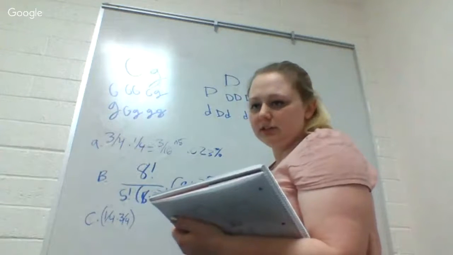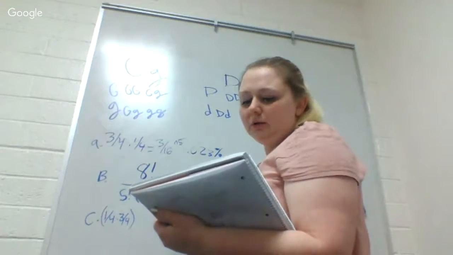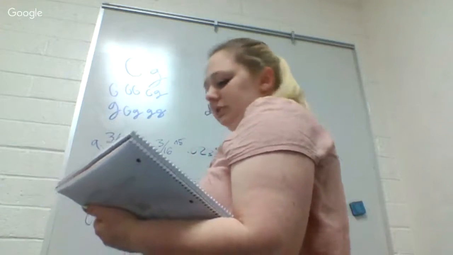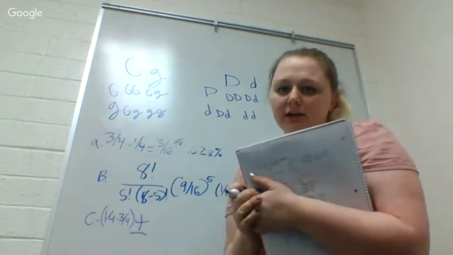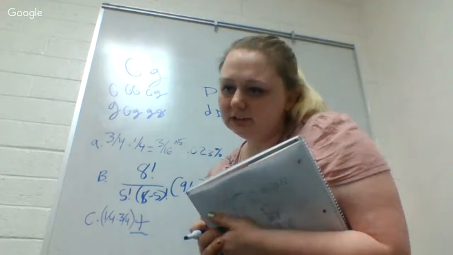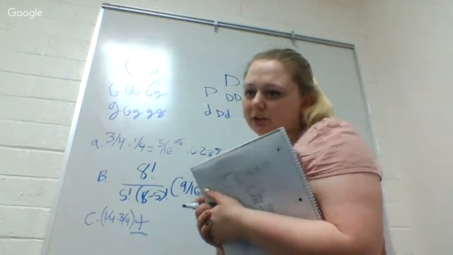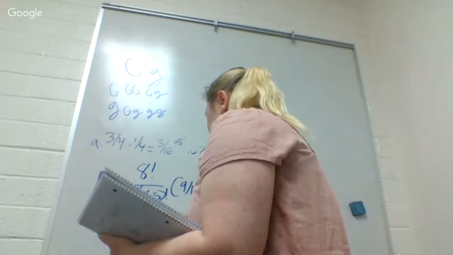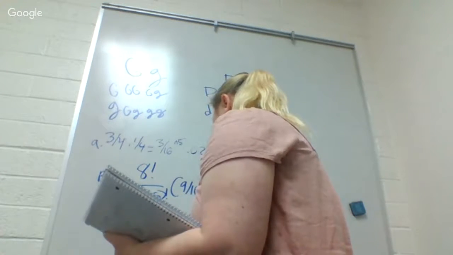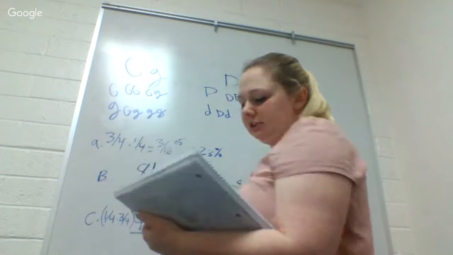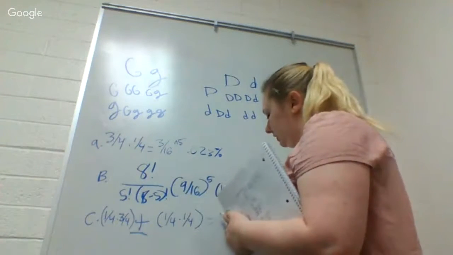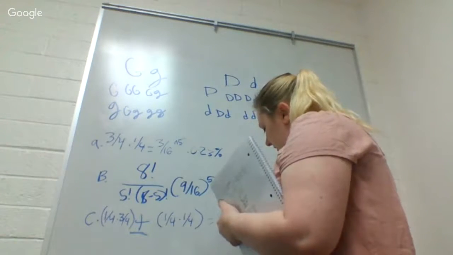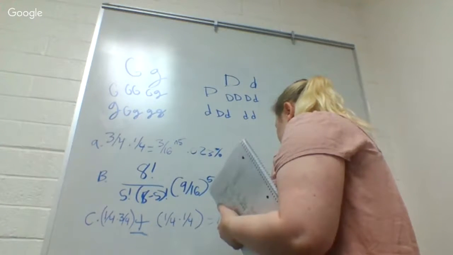And since it's an or question, we're going to add these two things together. It's very important. And then for the next half, it's have a small grin and cannot disappear, or 1/4 and 1/4. And so if we do the math on this, it'll give us 1.528 times 10 to the negative 6.